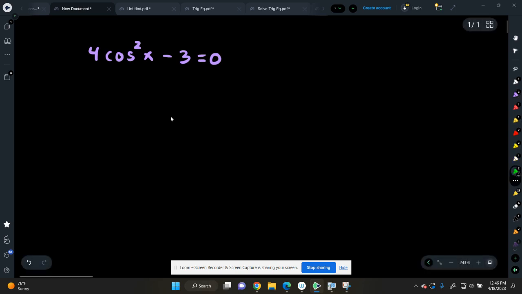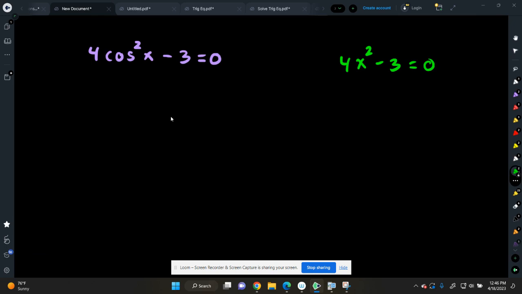Okay, how would you solve it if it was 4x squared minus 3 equals 0? How would you solve that? Zach? I would plug in plus 0x. Why would you plug it in plus 0x? It's easy. And then if you did that, what would you do?